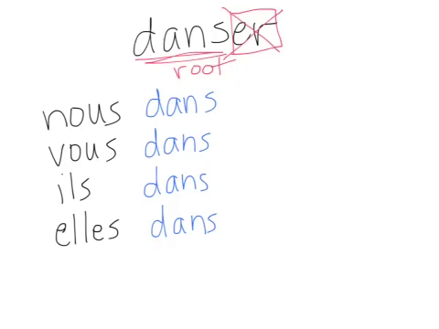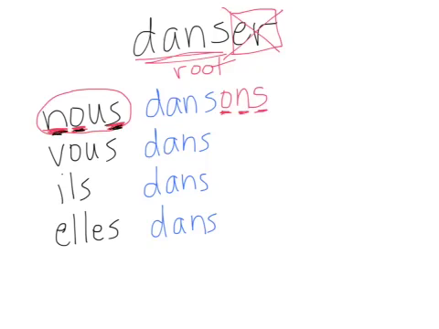For nous, we're going to add on the letters O and S. If you forget what those letters are, if we look at this subject pronoun nous, you're going to see the N and the O and the S. So there's the O and S over there, and here's O and S over here.